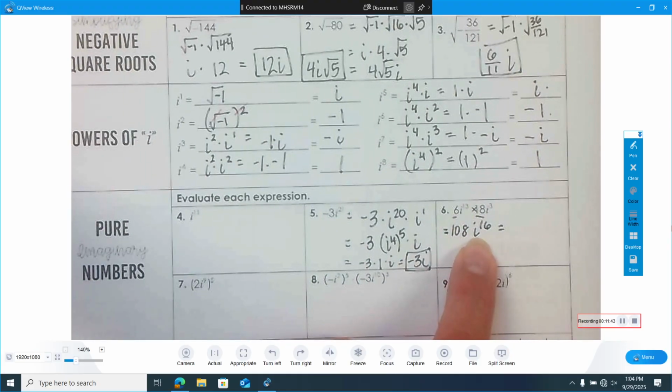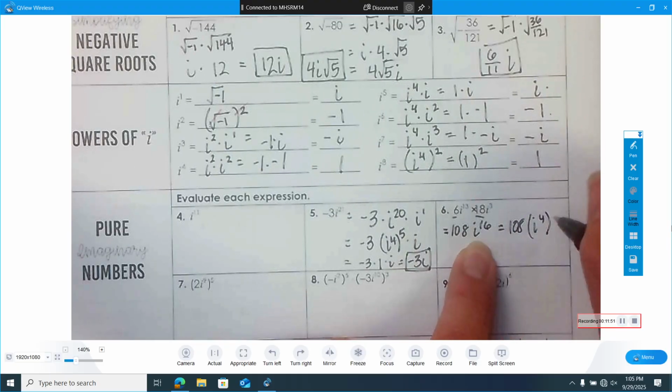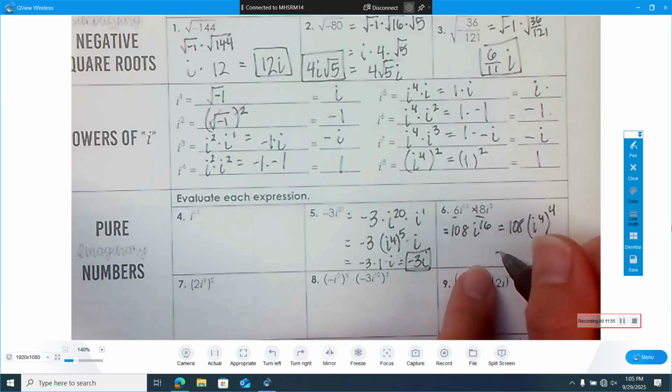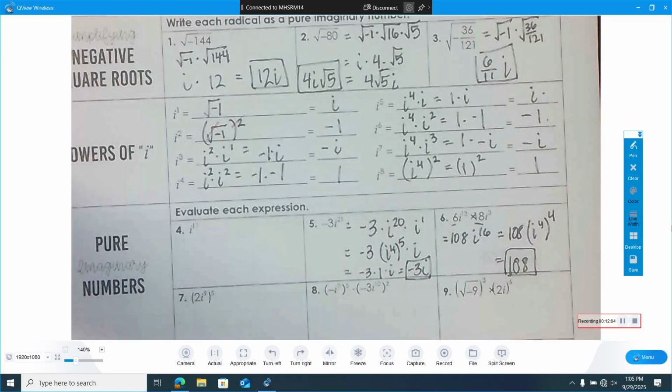How can I help myself with i to the 16th? i to the 4th. So 108, i to the 4th to what power? To the 4th, yep. Which is just 1. So i to the 4th is 1, to the 4th power is just 1. And so we just get 108. Crazy, huh? All right, let me know if you have a question here.